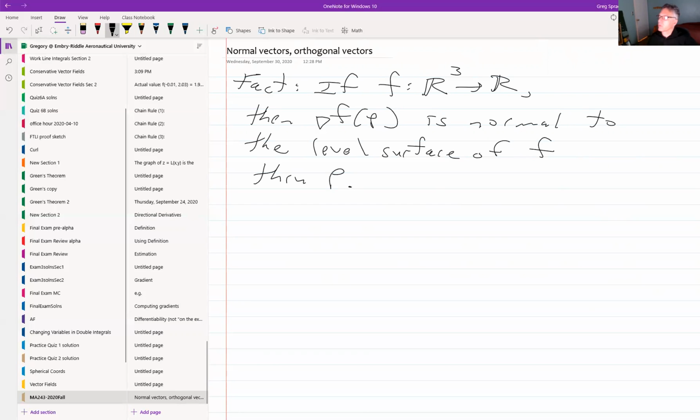I don't remember how much I said about level surfaces, but a level surface is just a level set. And it's usually a surface if f is a function of 3 variables.